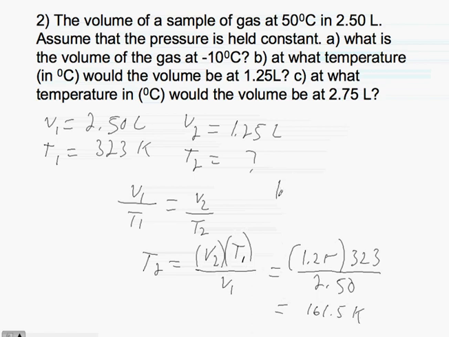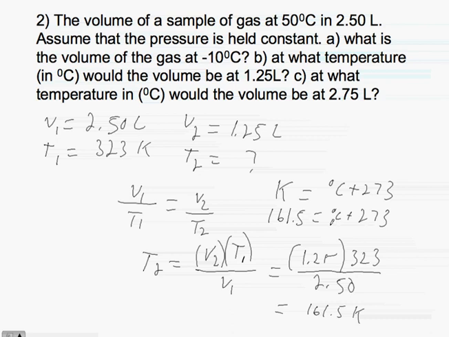We know that Kelvin is equal to degrees Celsius plus 273. So 161.5 Kelvin is equal to degrees Celsius plus 273.